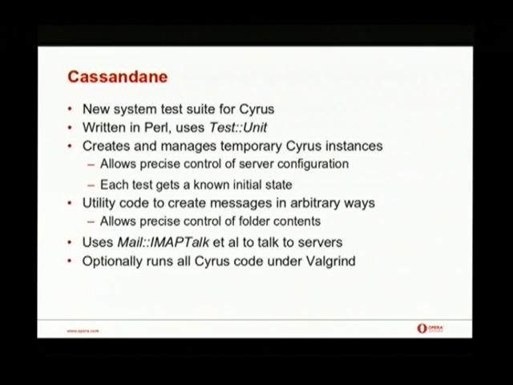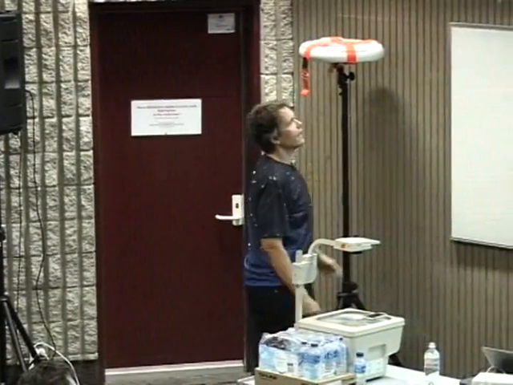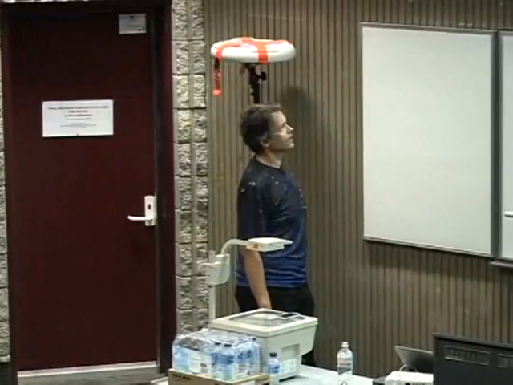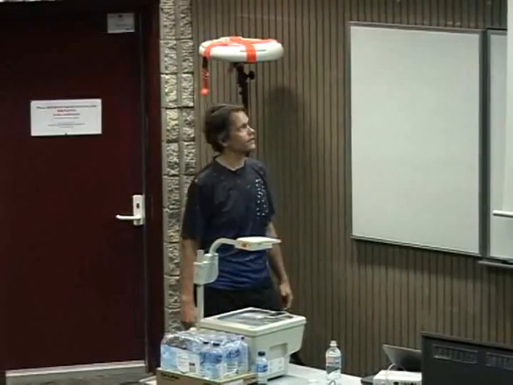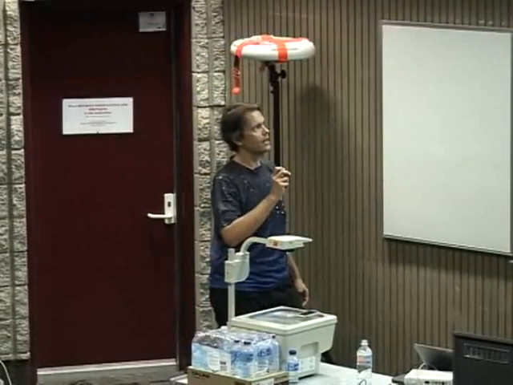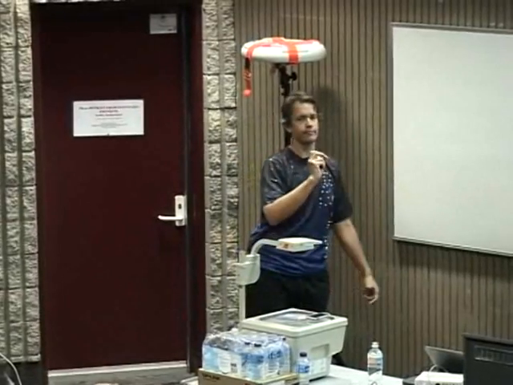Cassandane is a thing that I spend an enormous amount of time on. It's our system test suite for Cyrus, which didn't exist until I came along, because there were no system tests for Cyrus. It's written in Perl, it uses test unit, and one of the things it does, unlike a lot of server tests that I've seen, is it creates and manages temporary instances of the server. So you don't run it against an existing server.